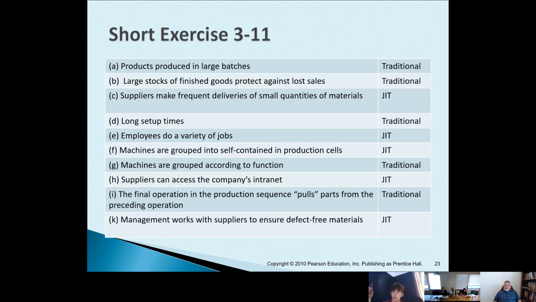Large stocks of finished goods to protect against loss of sales. Okay. Again, anytime you've got large amounts of finished goods sitting there waiting to be sold, if you don't already have a sale for it, a contract for it, that's typically a traditional method. And again, that's so that you don't lose sales, so that when that order comes in, you've got it, you can sell it right now.